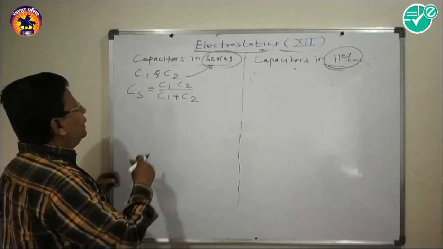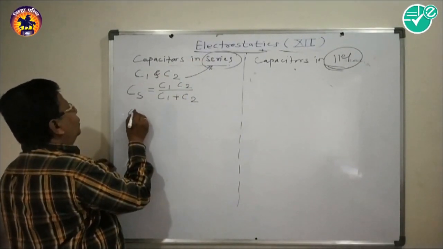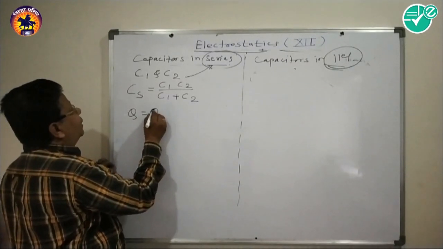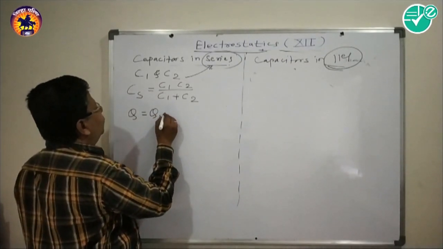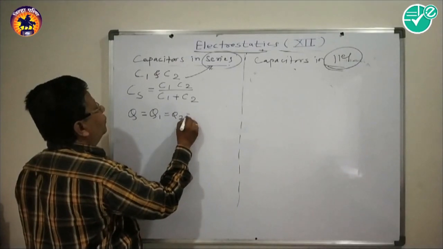And in case of series combination, we know that the charge on each capacitor is the same, that is Q is equal to Q1 is equal to Q2, and so on.